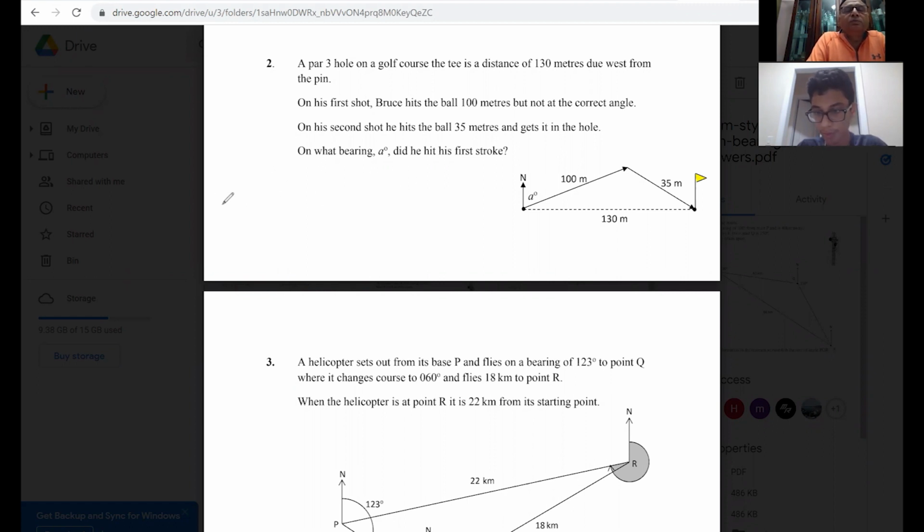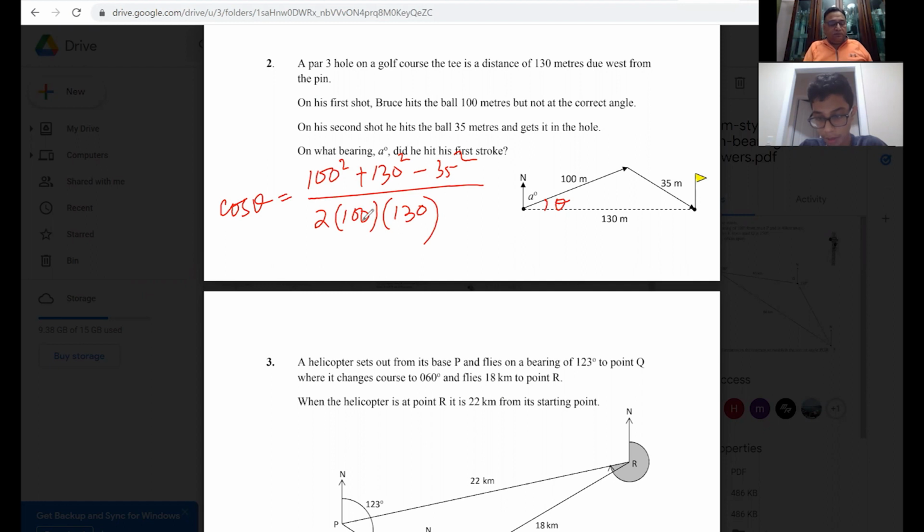Basically, we have cos theta. This is the angle theta which we are looking for. Cos theta is equal to 100 squared plus 130 squared minus 35 squared divided by 2 times 100 times 130. Is that okay?